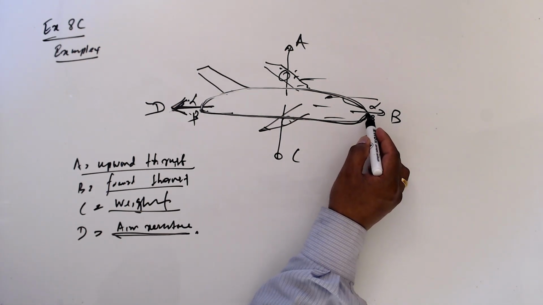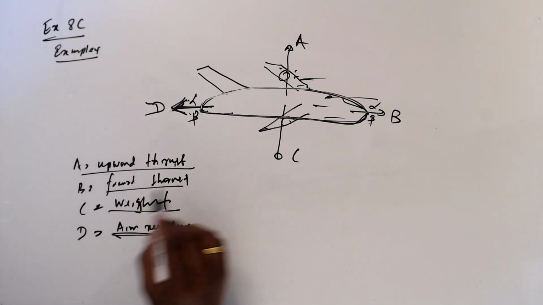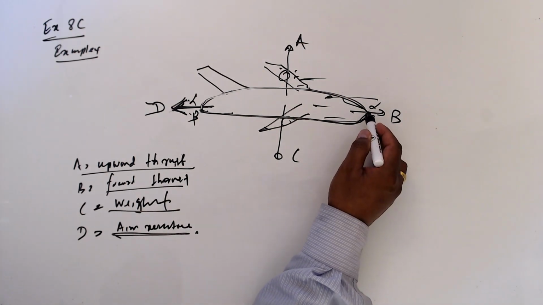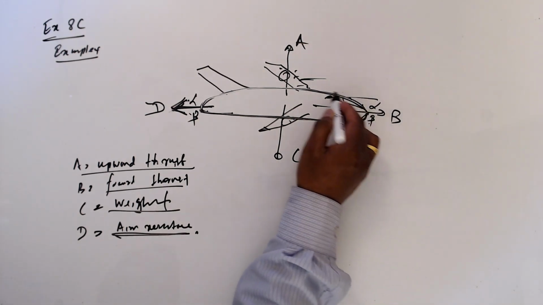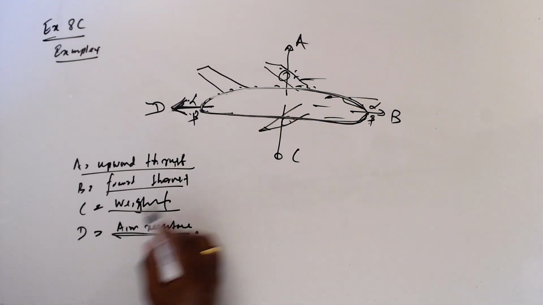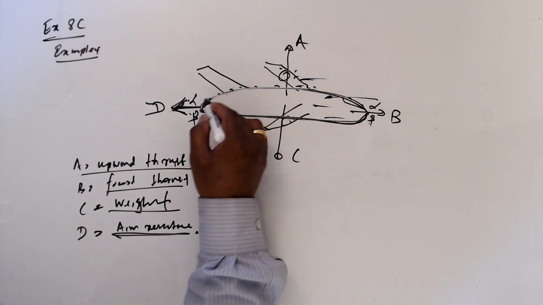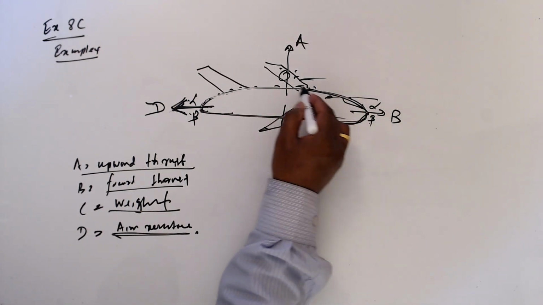Now, beta and alpha have the same time. Then, what is the task of alpha? Alpha has to run fast because they have the same time, but alpha has to cover a long distance.